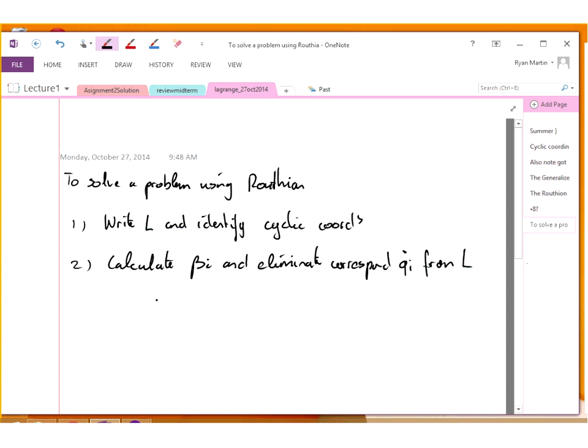Third, you write the Routhian. So that's R is equal to L minus the sum i equals 1 to k of β_i q_i dot.